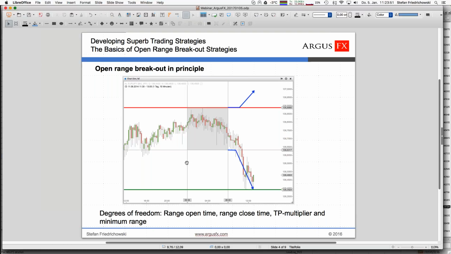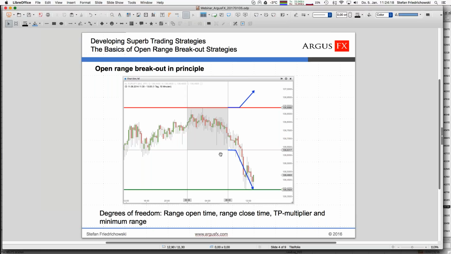I have made a picture here where all of a sudden I said at midnight I start the range, and at 8 o'clock the range ended. Okay, those numbers fell from the sky, so to say. And in principle, I could use time periods, for example, between 1 and 10 o'clock, or 8 and 12 o'clock, or whatever.